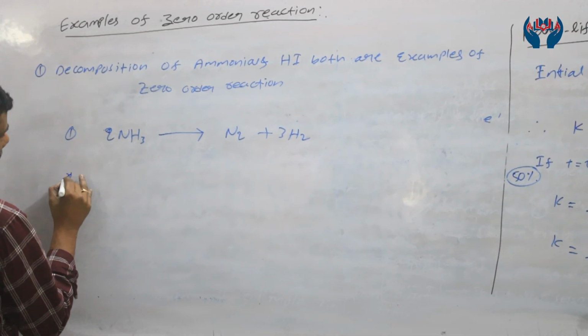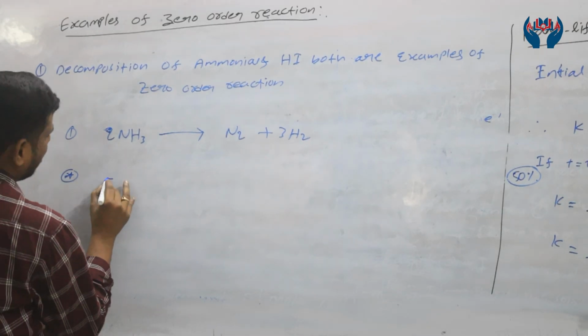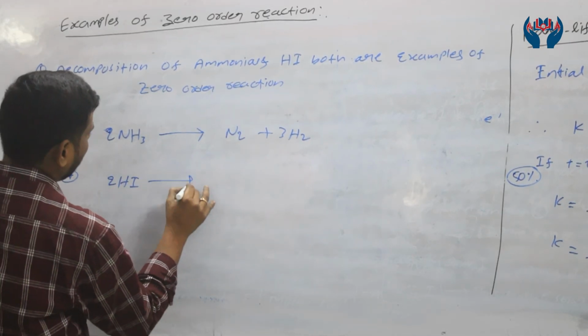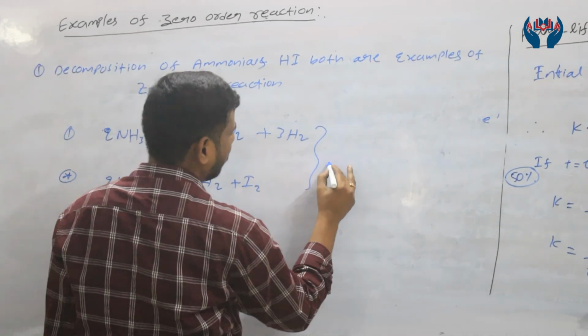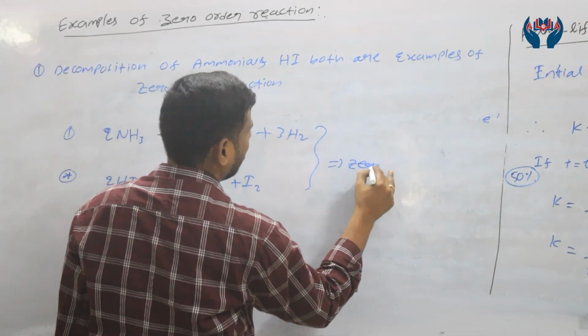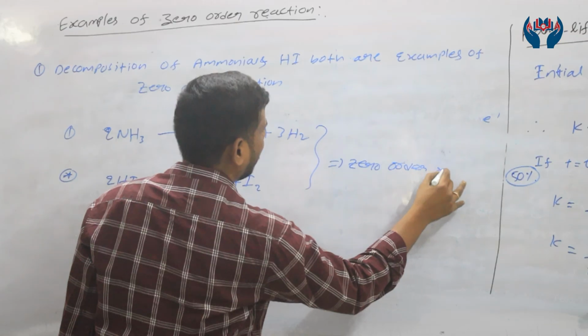The second one is also the decomposition of HI. 2HI is converted into H2 plus I2. These are examples of zero order reaction.